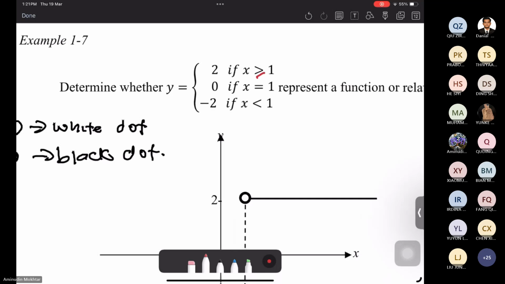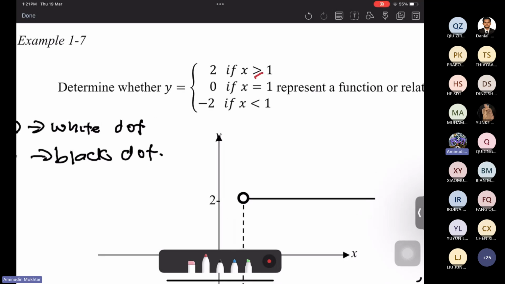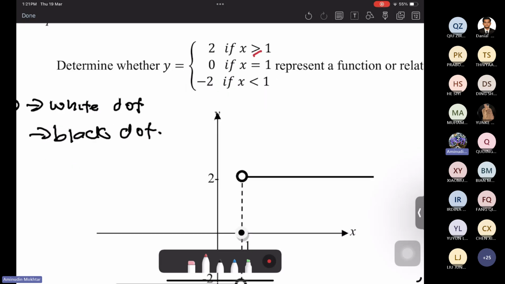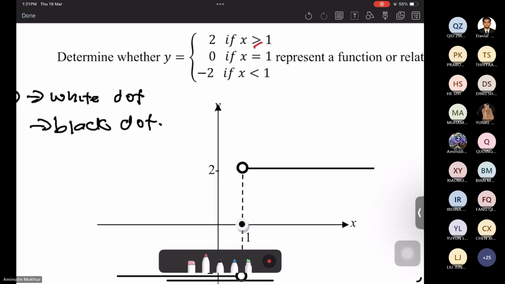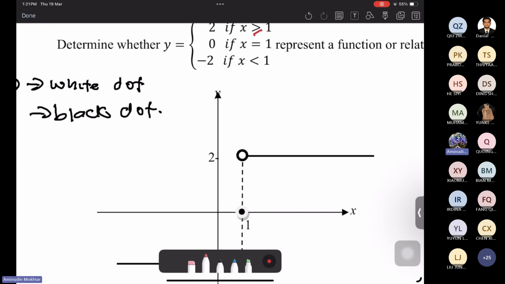Now how to read this? y equals 2 if x is equal to or greater than 1. When x equals 1, y equals 2. When x equals 2, y equals 2, and so on. When we draw this, at this point, when x equals 1, y equals 2.